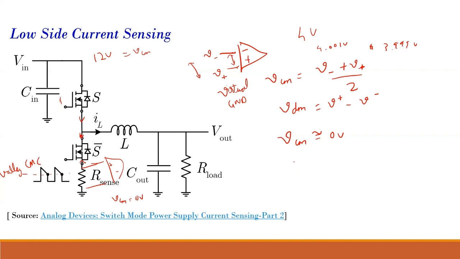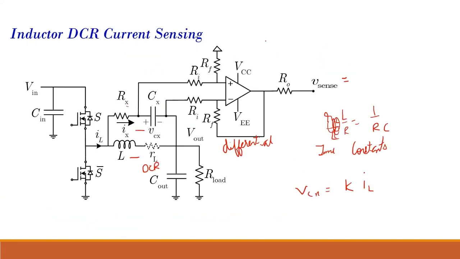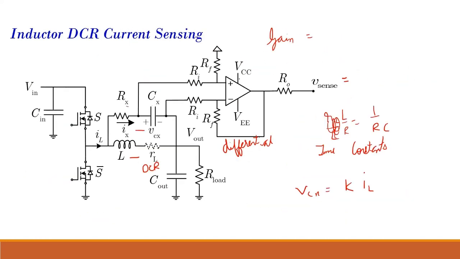Another consideration is that the op amp has a gain bandwidth product. The gain of this op amp, as I told, is RF upon RI.